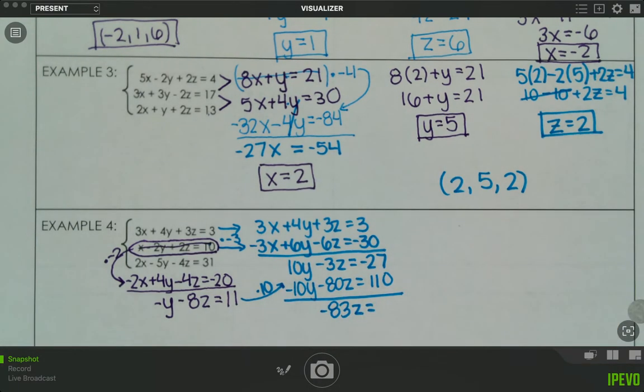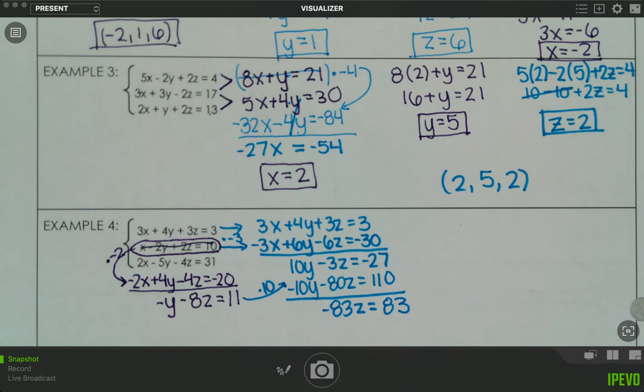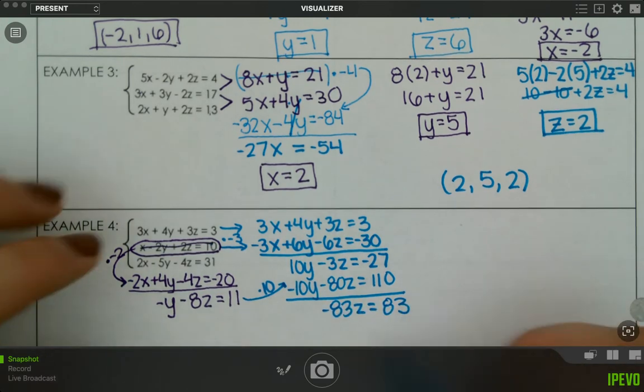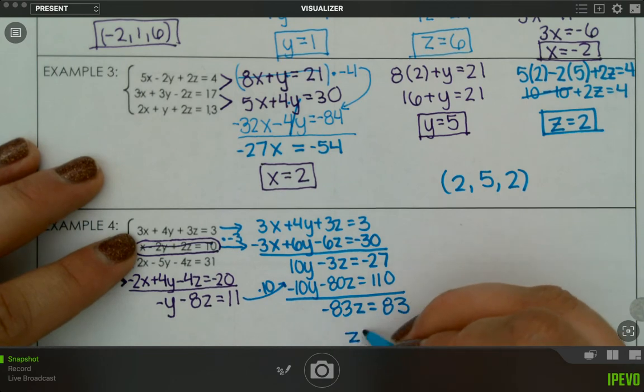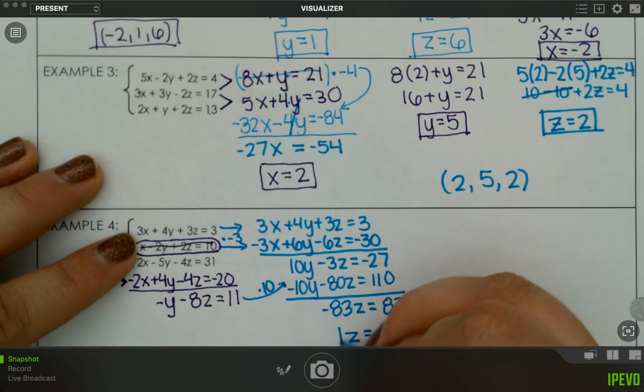And I'm not going to lie to you today, I'm pulling out a calculator for this. Negative 27 plus 110 is 83. So don't freak out when you get weird numbers in front because a lot of times it ends up working out nicely. And then I'm dividing by negative 83, which is negative 1. And that's my z.